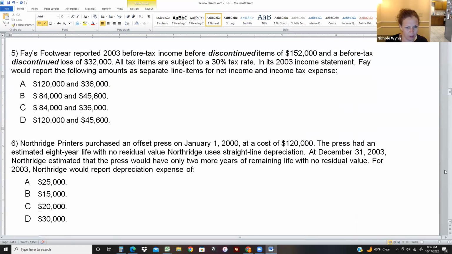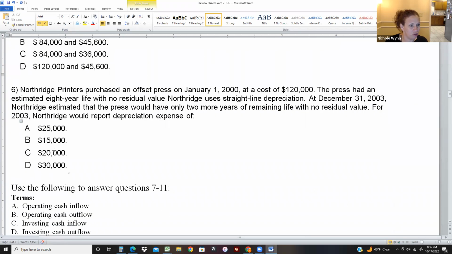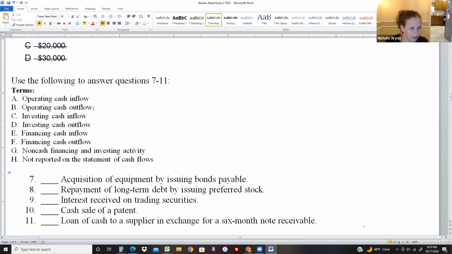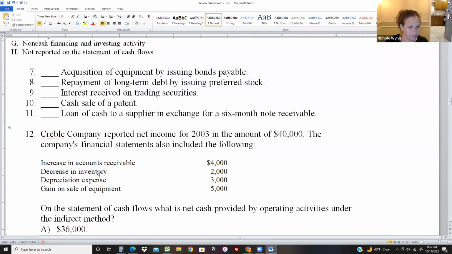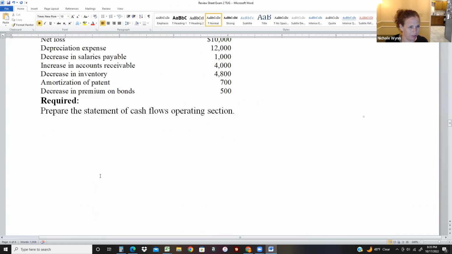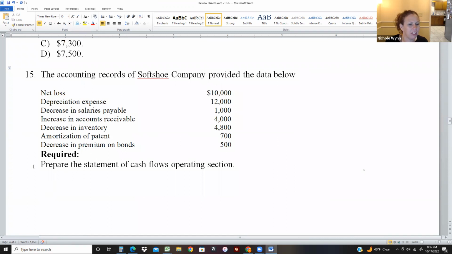Okay. I took this off. This one's good. I like this one. This one's fine, and these are all fine questions. This one's nice. Remember that premium on bonds payable is a regular liability.